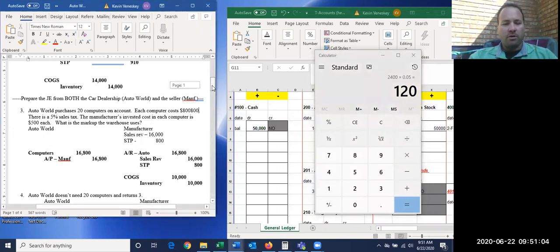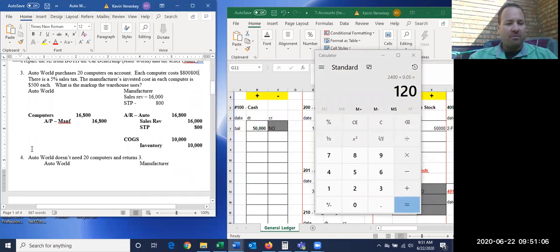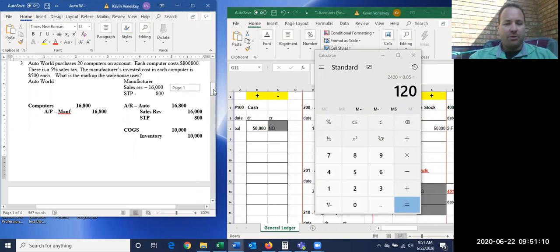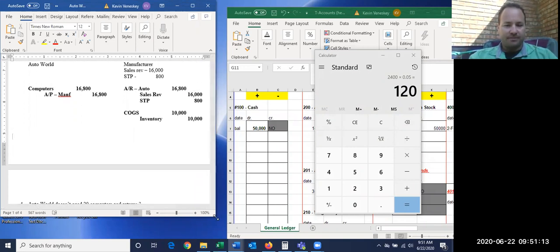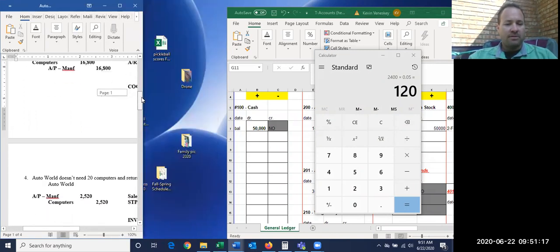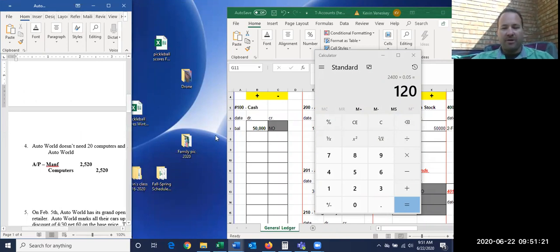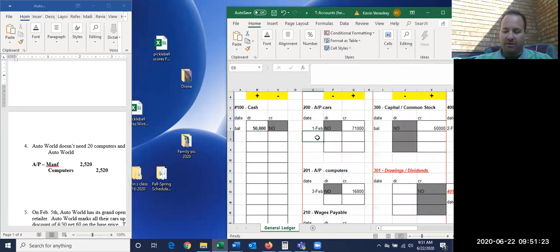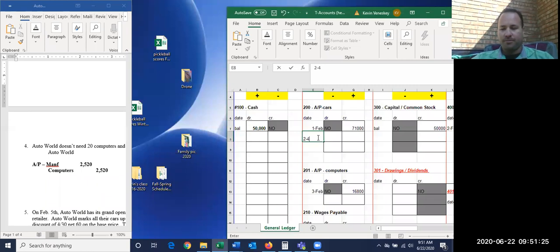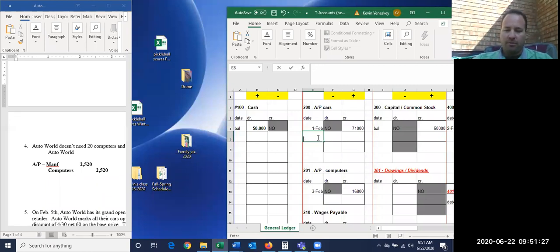So total, $2,520 is going to come off of my bill for the cost of the computers and then the sales tax. So that would be my debit. Debit $2,520 on, let's call this 2-4, 2-4 for 2520.